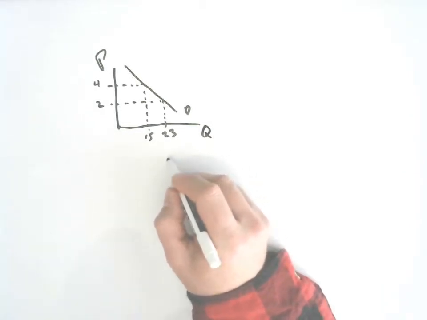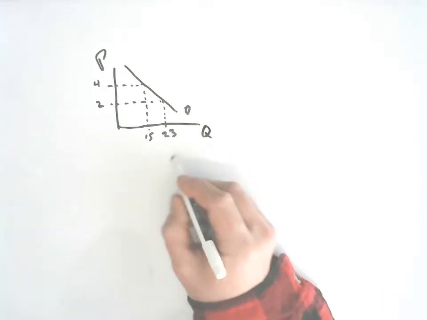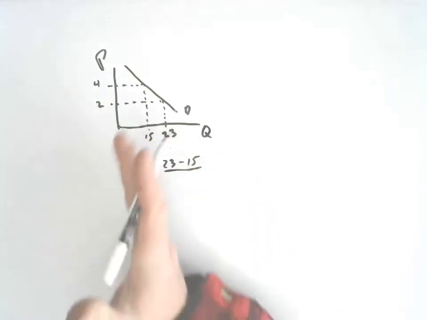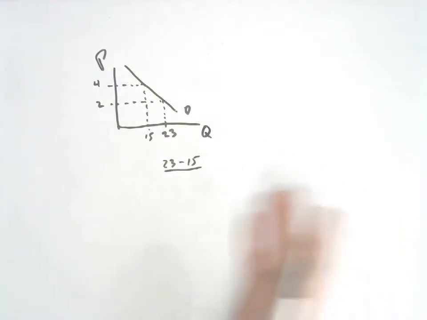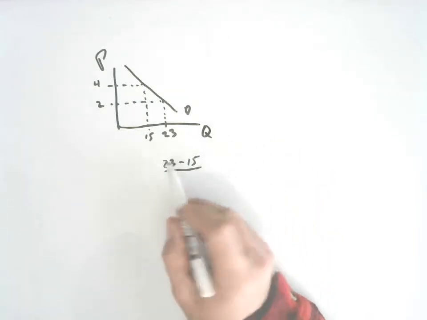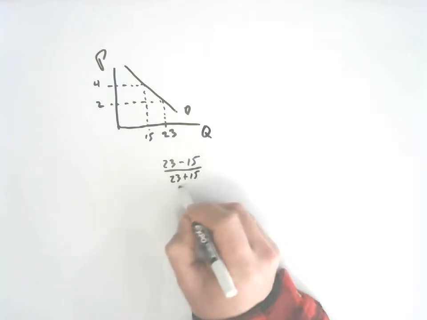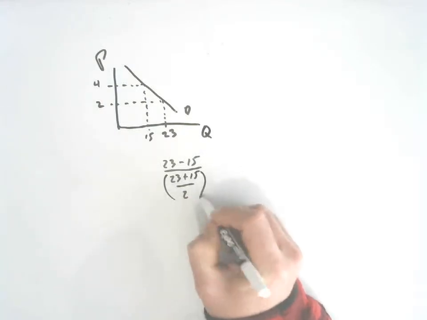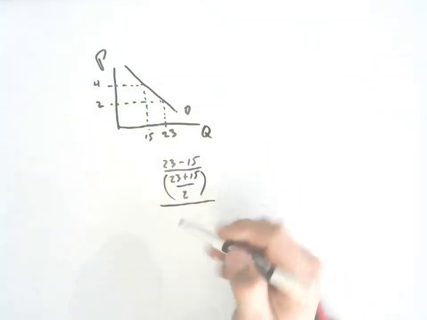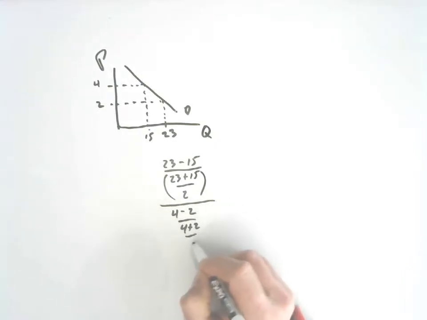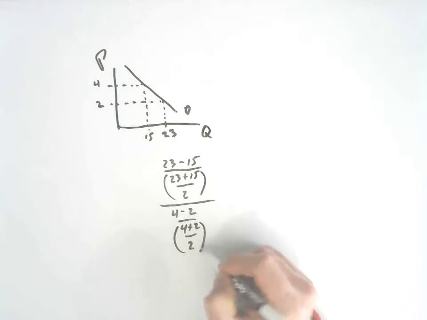So what we have is the change in Q, which is 23 minus 15. I'm going to keep the absolute values out of here because I don't need them. 23 minus 15 divided by 23 plus 15 divided by 2, and that would be over the change in price, which is 4 minus 2 divided by 4 plus 2 divided by 2.